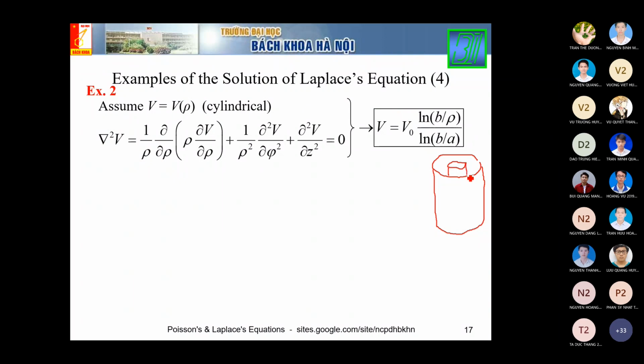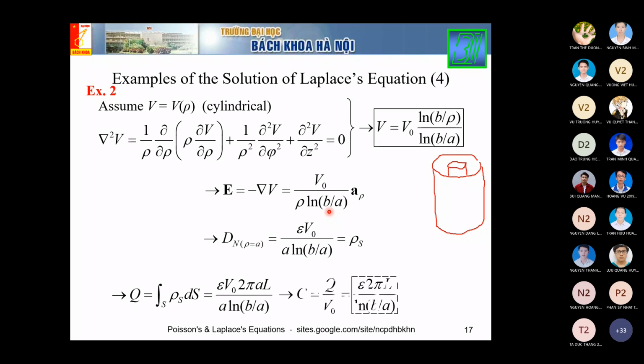And V here is the distribution of potential in the space limited by two cylinders. Okay, similarly from this, you can find the E field, the density, and we can find the capacitance of this coaxial capacitor, which was found a long time ago.